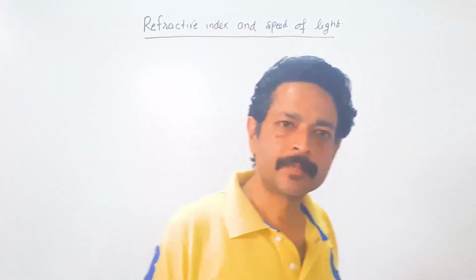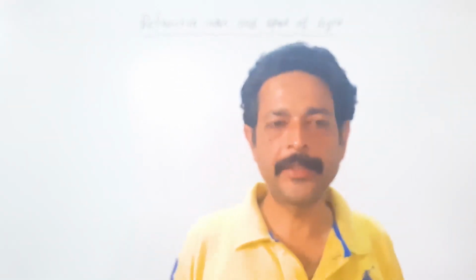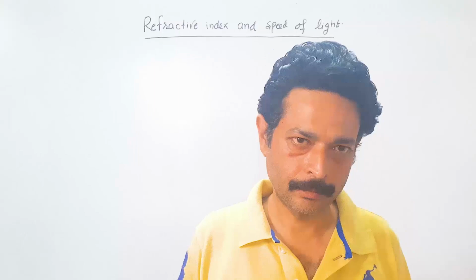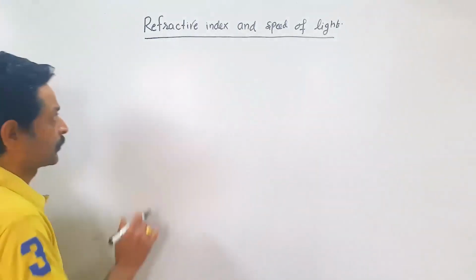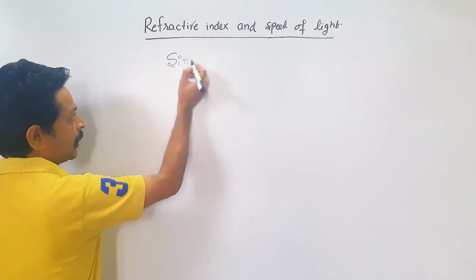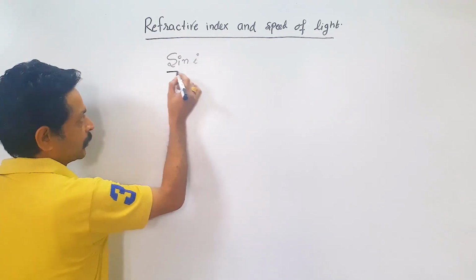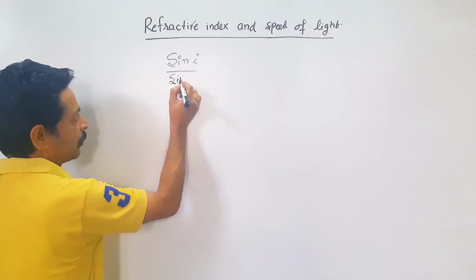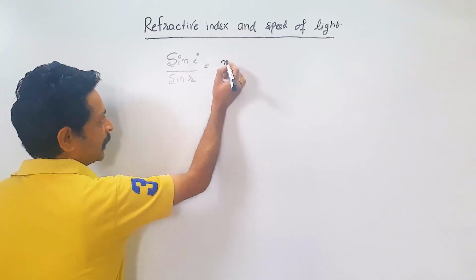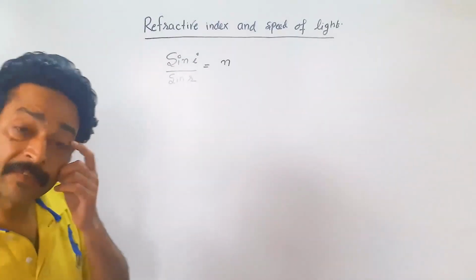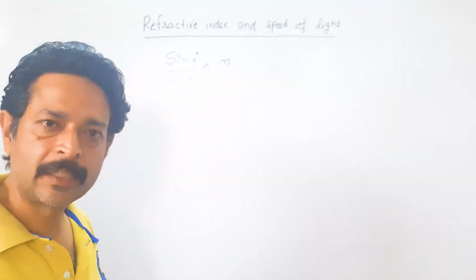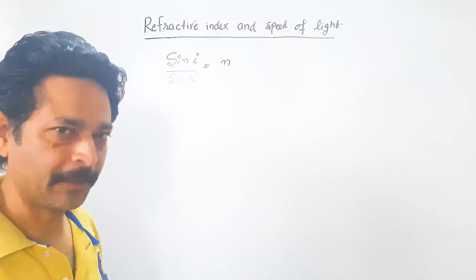If you remember, in the last video we did Snell's law, where the ratio of sine of angle of incidence to sine of angle of refraction is known as refractive index, and we represent refractive index by n.